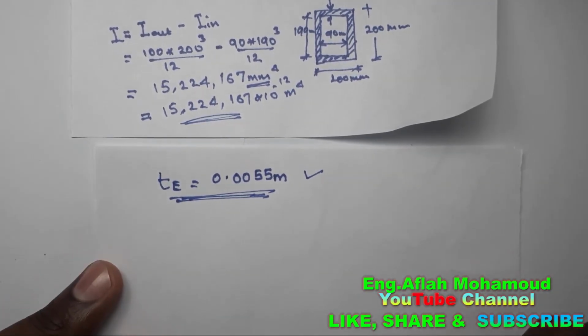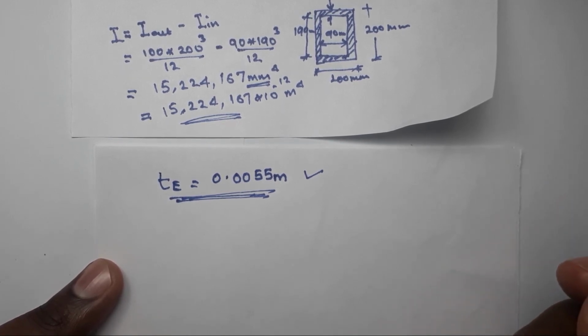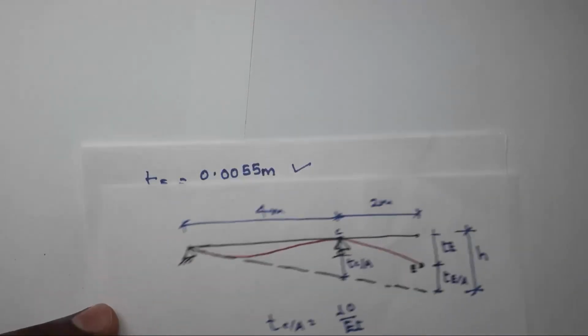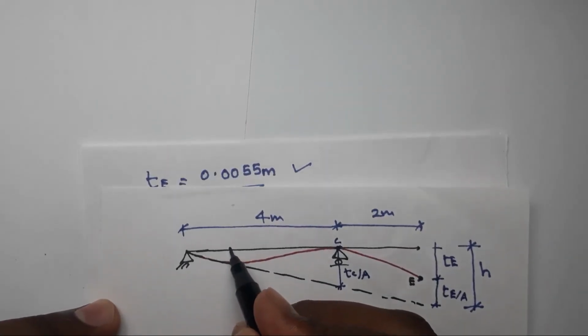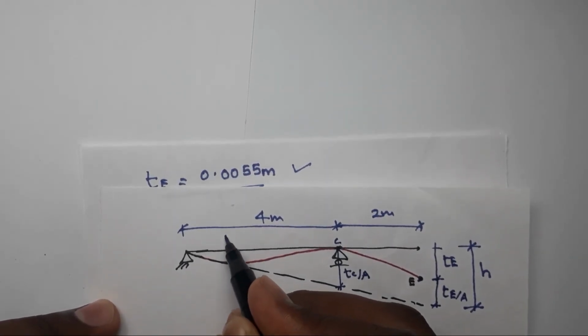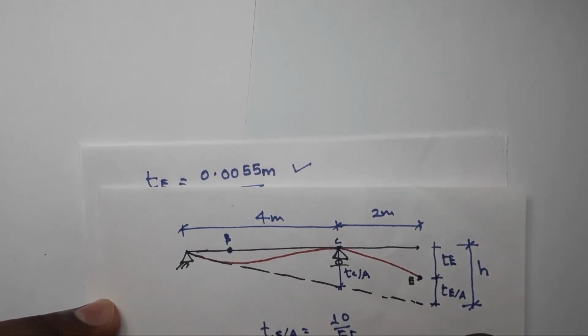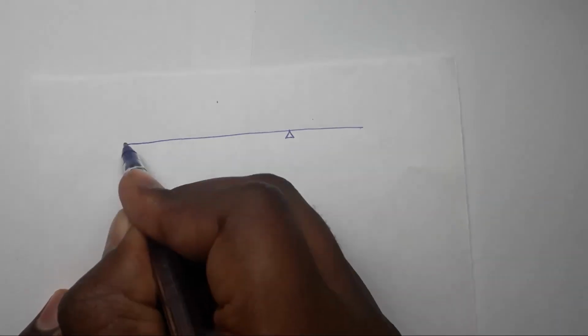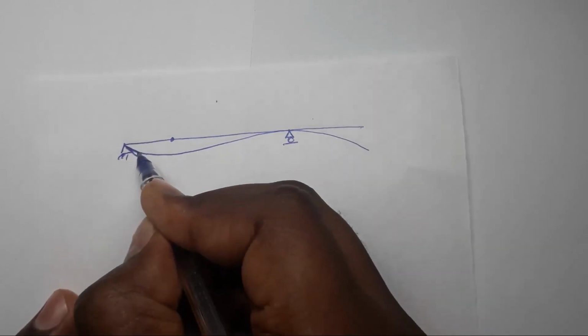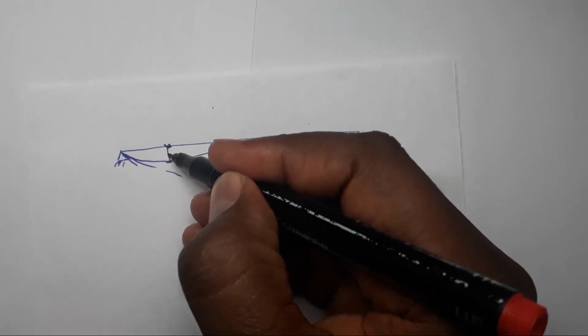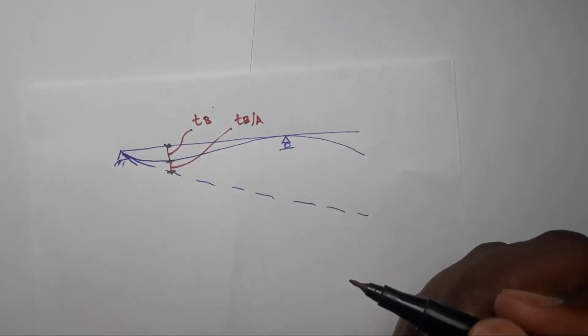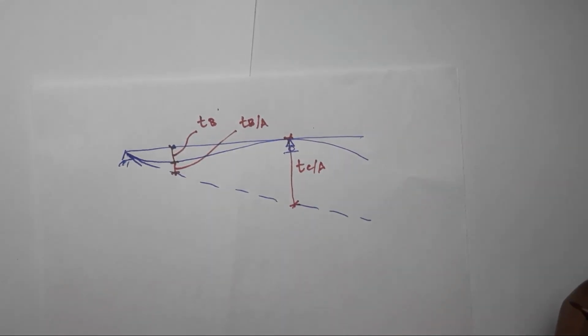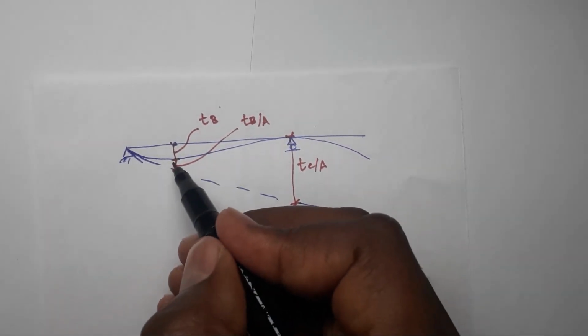If you want to calculate the translation of point B, that was a point here, B is here. How are we going to calculate? So simple, let me do that. Now this is how it is.